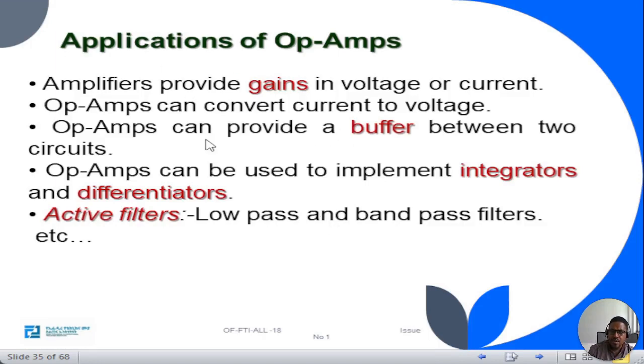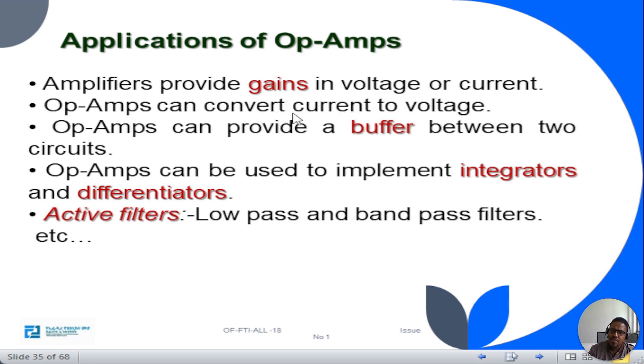Now, where do we apply op-amps? Applications of op-amps: an amplifier provides gain in voltage or current. That means the ratio of output to input, which we call gain. Op-amps can be used to convert current to voltage.